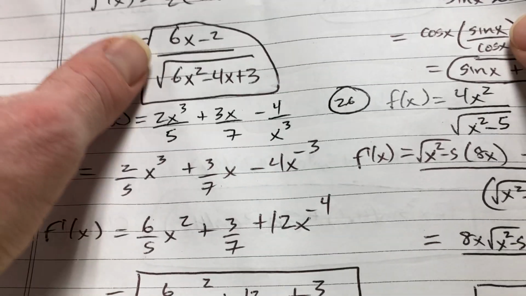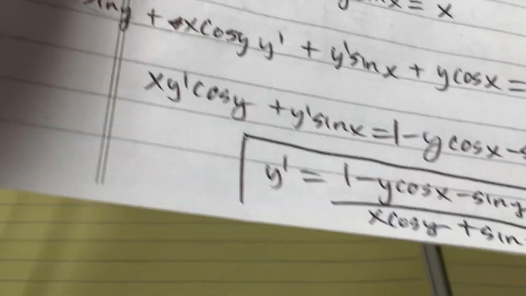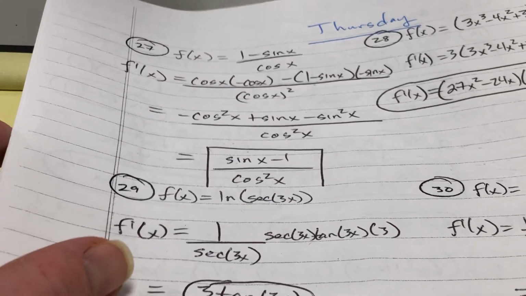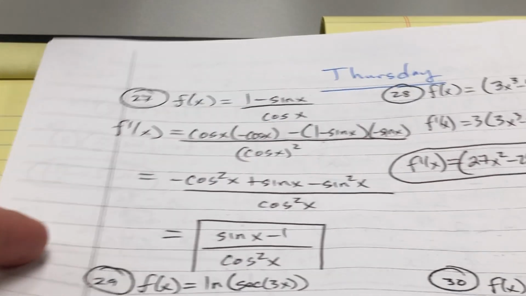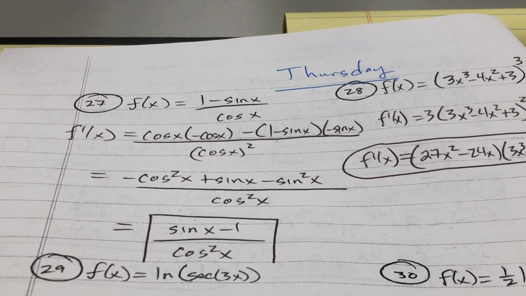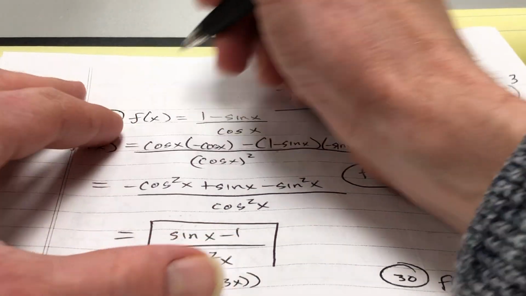And the last one I wanted to look at here in class, because the other ones are either what we talked about or very, very interesting. All right, so let's take a look at 27. If you wanted to break this up, 1 over cosine, you could.